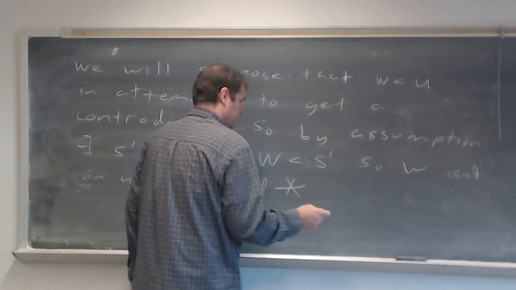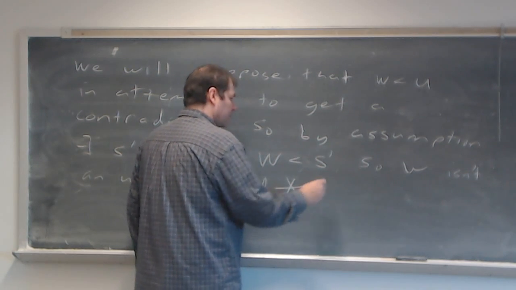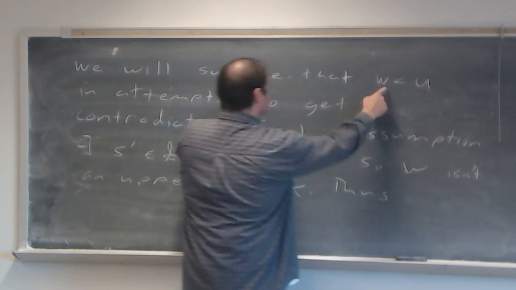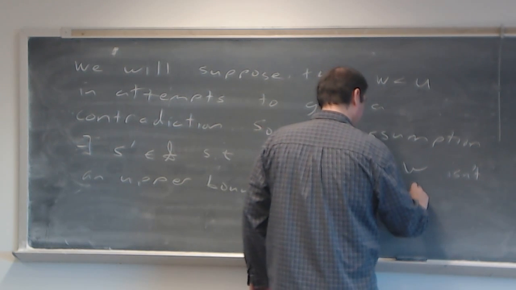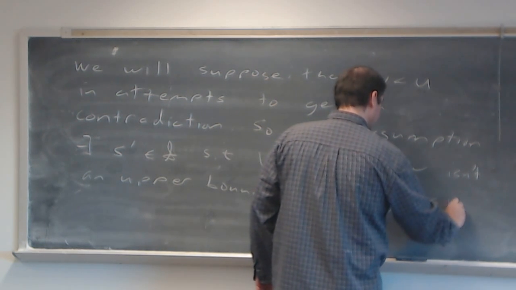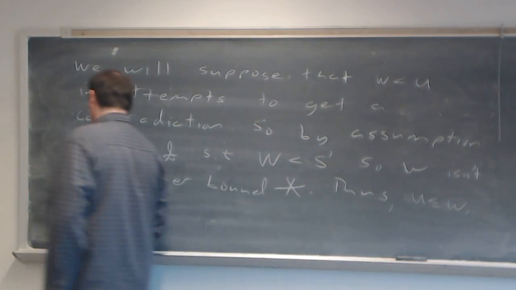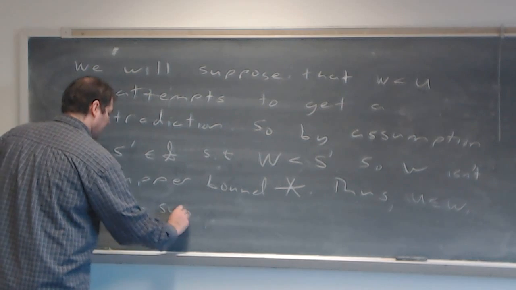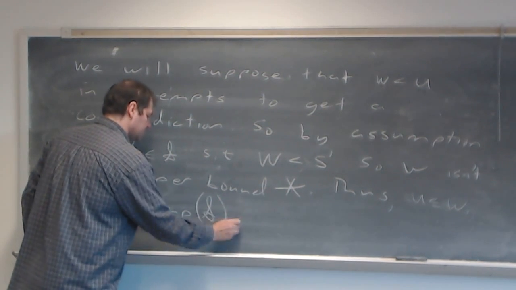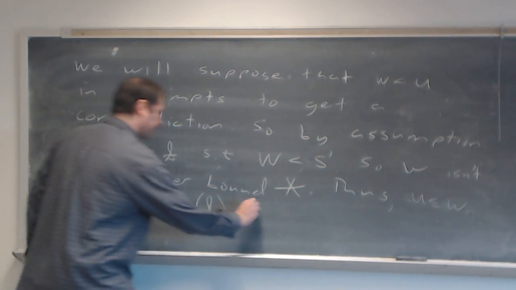Thus, we made an assumption that was incorrect. What we assumed was that W was less than U. Thus, that means that U has to be less than or equal to W. So that tells us that U is equal to the supremum of S. And that's the proof.